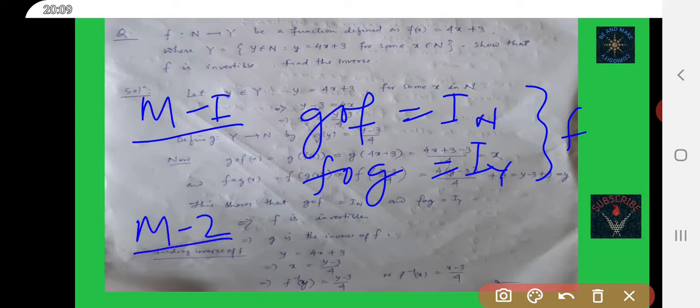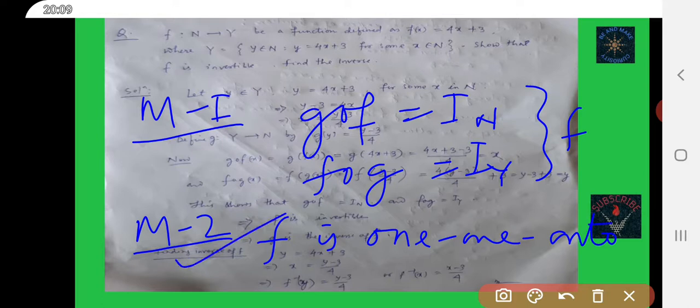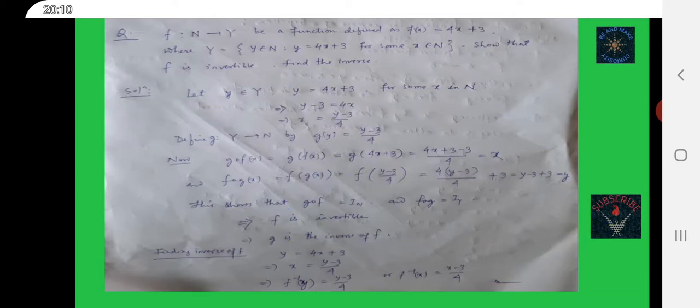Or you may show f is 1-1 and onto. If you show a function f is 1-1 and onto, then we can say f is invertible. Understood? To check whether the function f is invertible or not, you may show this or this way. Okay, thank you.